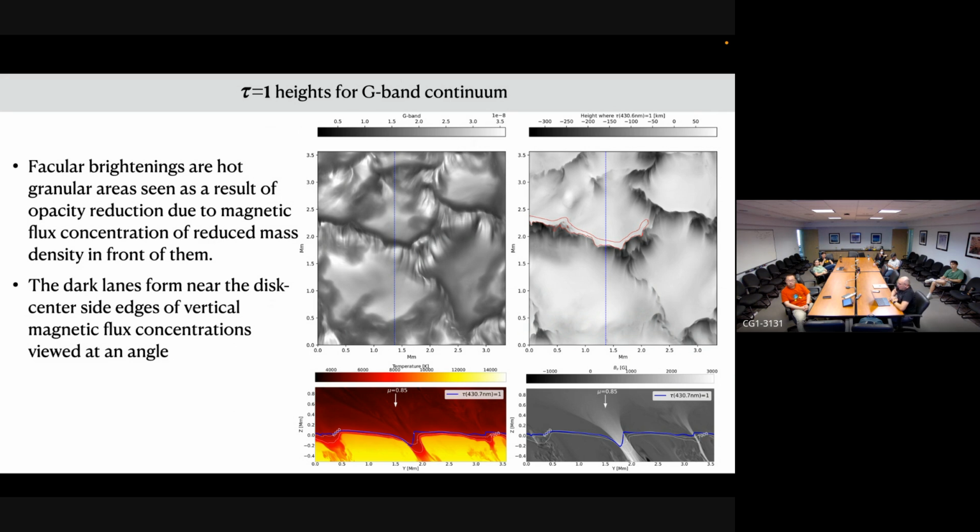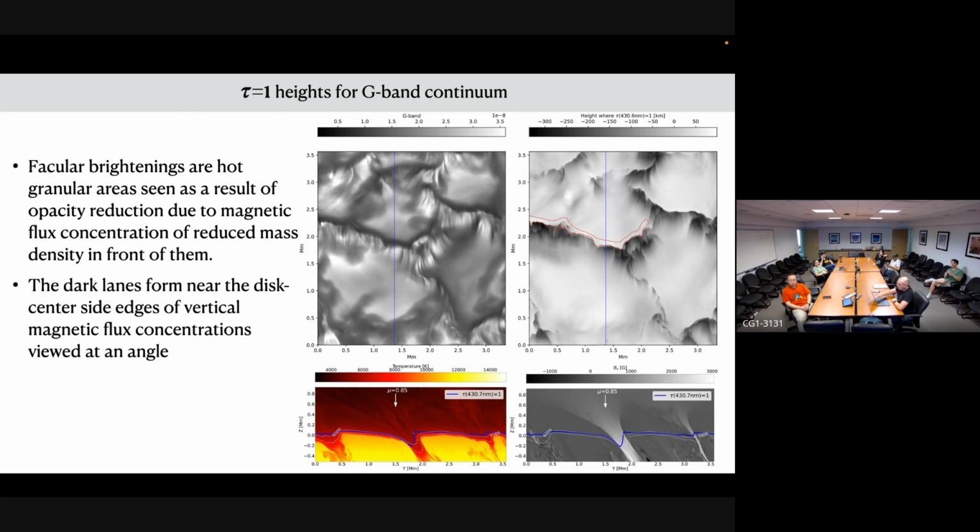So again, those dark lanes, if we look at the full map of the tau equal 1 height, we can immediately see that the geometrical height of the tau equal 1 layer for dark lanes is at the same level as the neighboring photosphere.